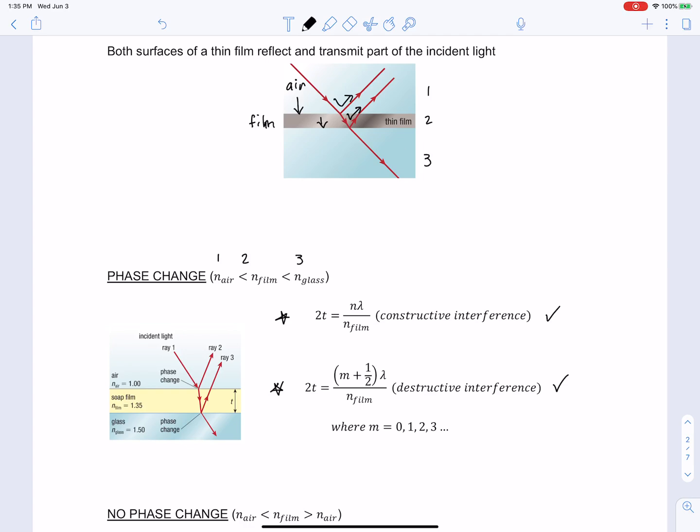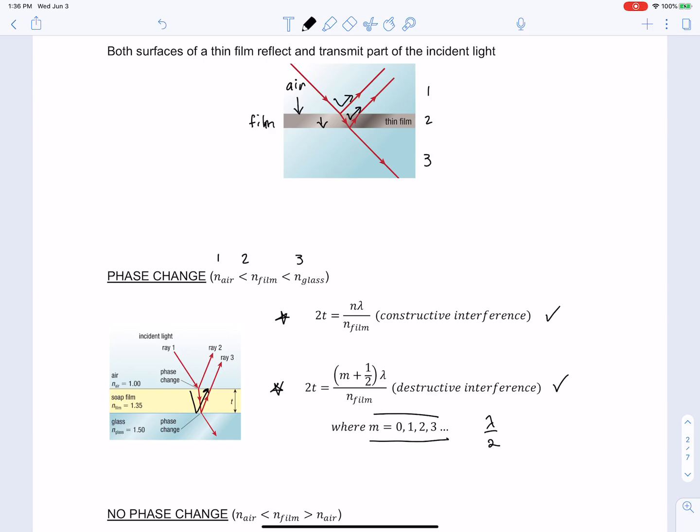Destructive interference will occur whenever the path length difference for the light ray traveling through the soap film and back out is a multiple of lambda over 2 in comparison to ray 1 that is reflected off the surface. So these values, where m is equal to 0, 1, 2, or 3, will correspond to areas of destructive interference.